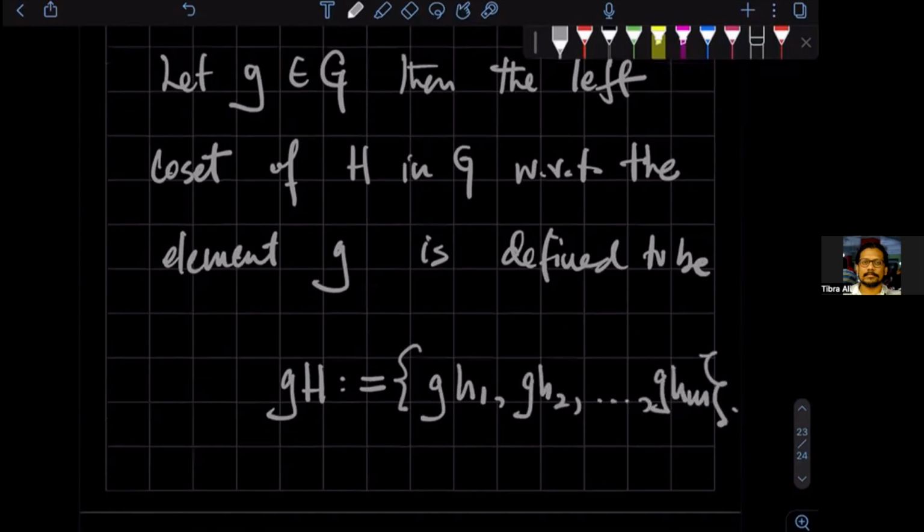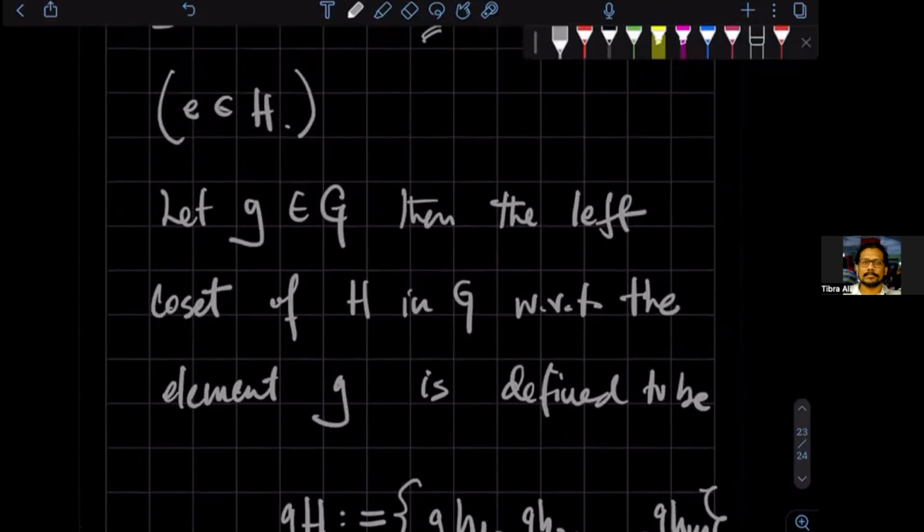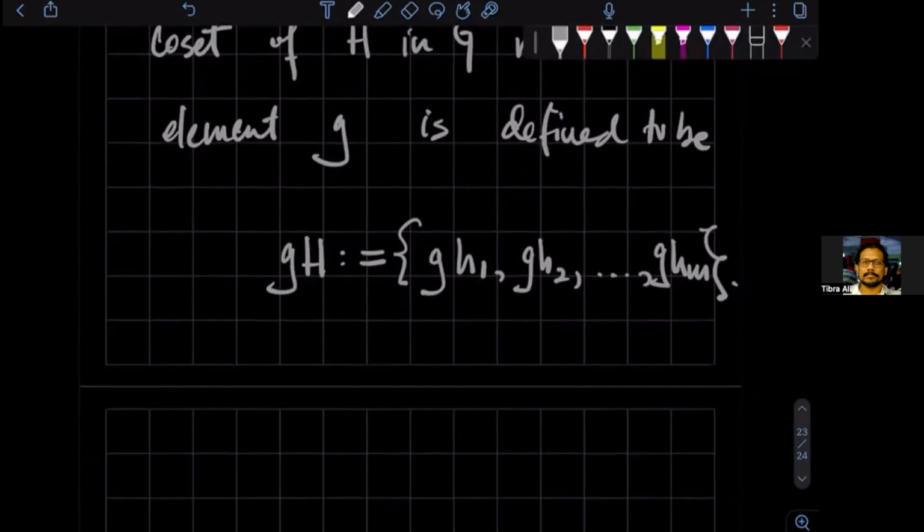This is called the left coset of H with respect to the element g, okay?